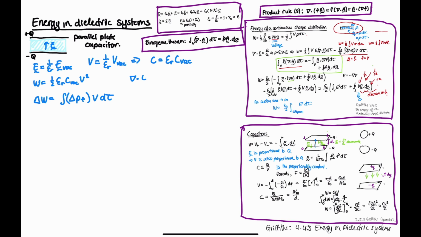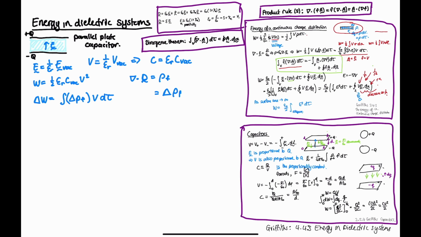Now, we're considering free charges, and we know that Gauss's law for displacement, this is a D, tells us that the divergence of the displacement is equal to the free charge. So if now, rather than thinking about all the free charge, we're just thinking about a little increment of free charge, we can write Gauss's law for a little increment of free charge.